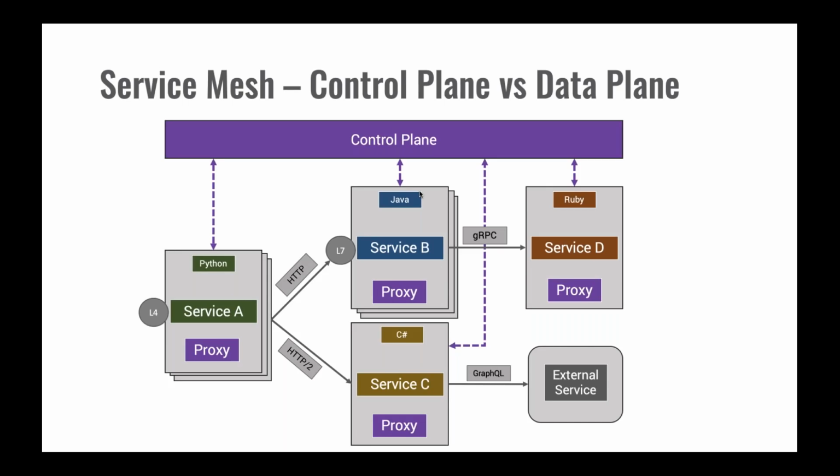The control plane is like the command and control center for all the service mesh agents that are running or attaching itself to the services. And these agents are officially called proxies because they are literally proxying a service when it is talking to another service, and they intercept the traffic for both inbound and outbound, and they literally take over the communication, pretty much like how a proxy server takes care of your outbound and inbound traffic.